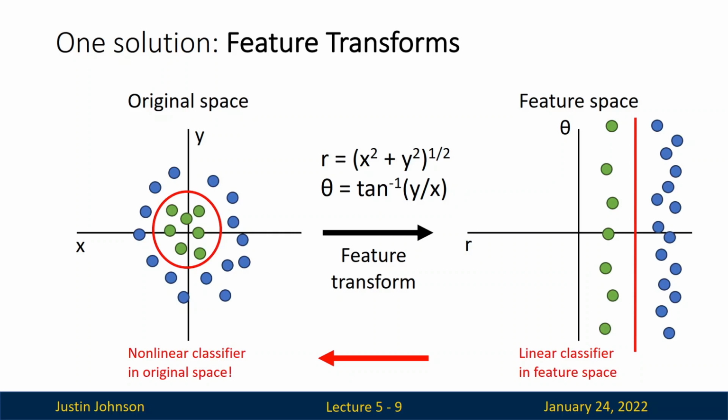We use the equation: this is the radius from the origin point, and this is the angle. If we use the feature transform function to create new coordinates like this, then those green dots will be somewhere here, because they are very close to the origin point in the original Cartesian coordinate system.